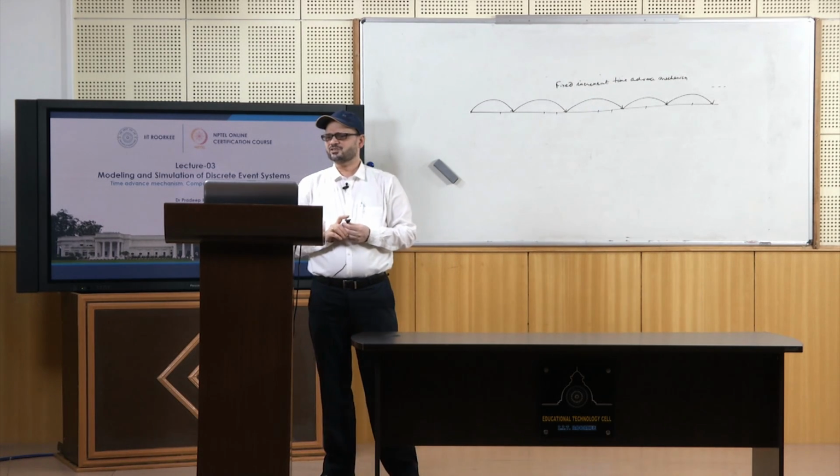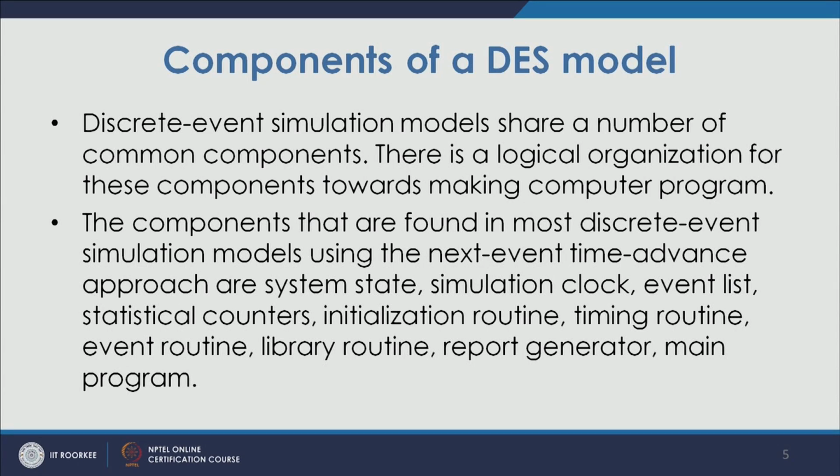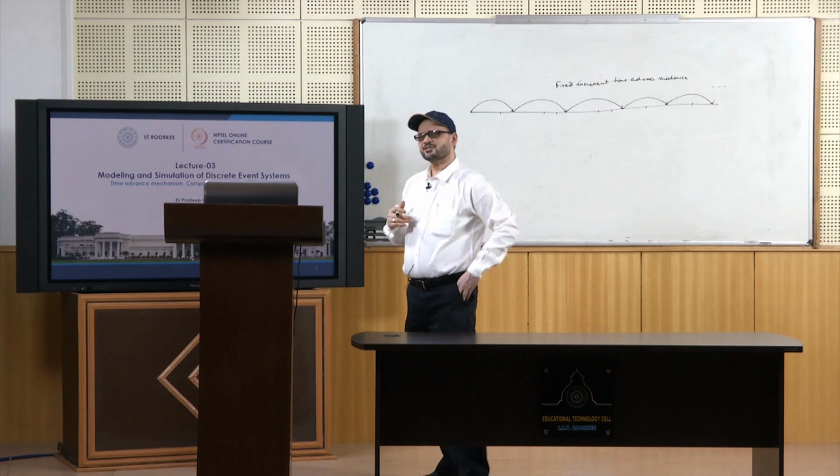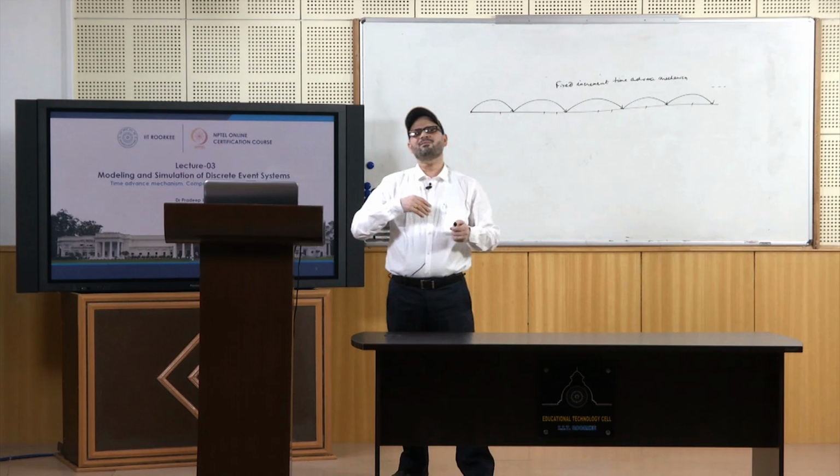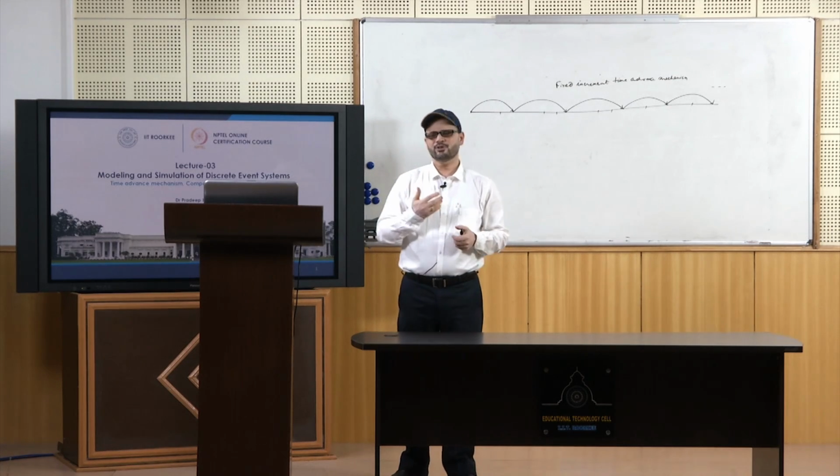The components found in most discrete event simulation models using the next event time advance approach are: system state, simulation clock, event list, statistical counters, initialization routine, timing routine, event routine, library routine, report generator, and main program. We will discuss one by one what is the function of these subroutines.